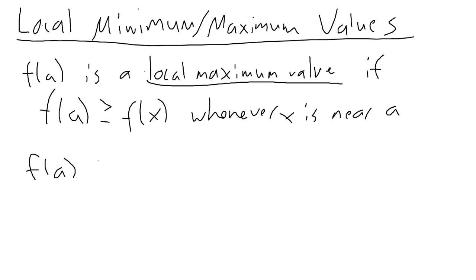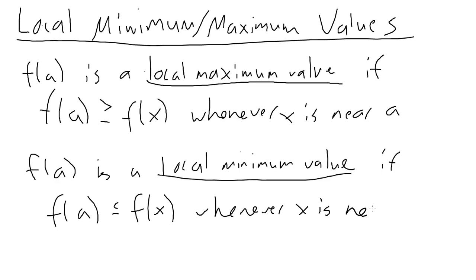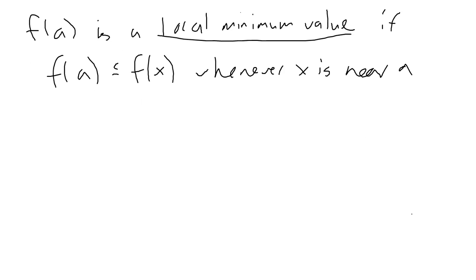And likewise, we say f of a is a local minimum value if that value f of a is less than or equal to f of x whenever x is near a.